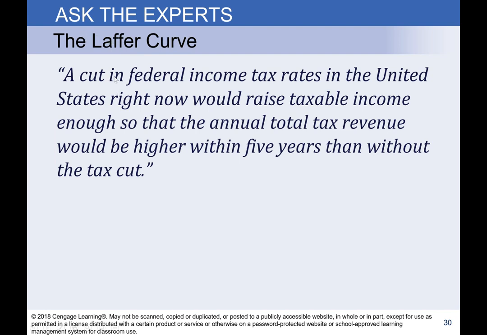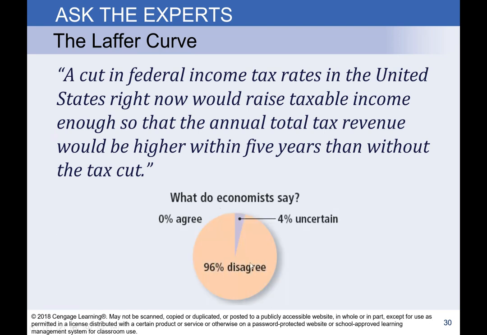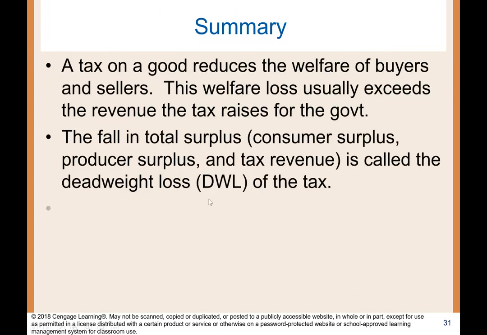A cut in federal income tax rates in the United States right now would raise taxable income enough so that the annual total tax revenue would be higher within 5 years than without the tax cut. 96% disagree with that statement. 4% is uncertain.